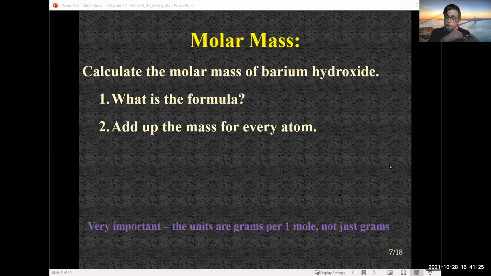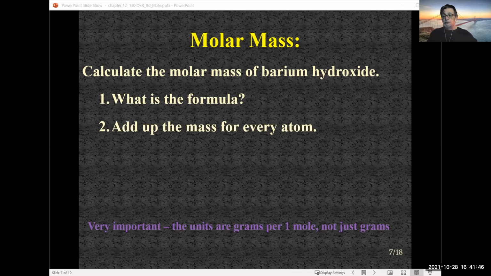And that's why way back when we had pictures of formula structures, we asked you, how many atoms are there? We weren't ready to do any calculations. We wanted you to be able to look at a formula and determine how many atoms of each are involved in the whole compound formula.